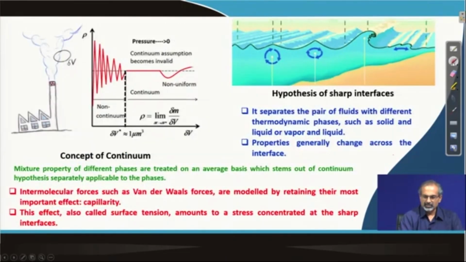We are looking back once again at the picture that we used to talk about separation of scales earlier. We have discussed that to some extent already. So, let us look at the other issues that we indicated in the last slide, beginning with the concept of continuum.